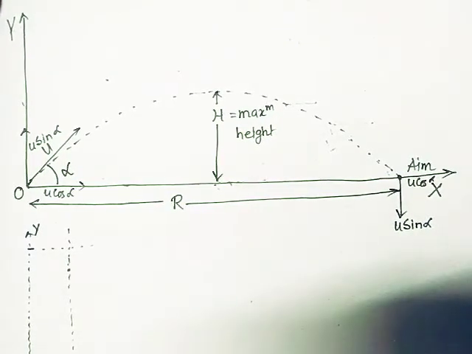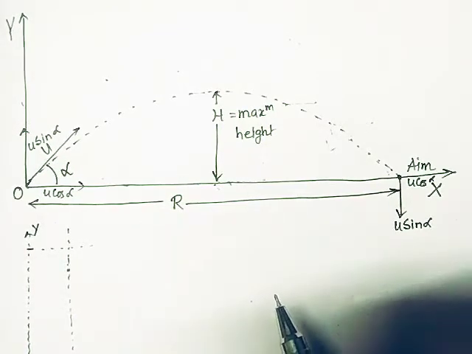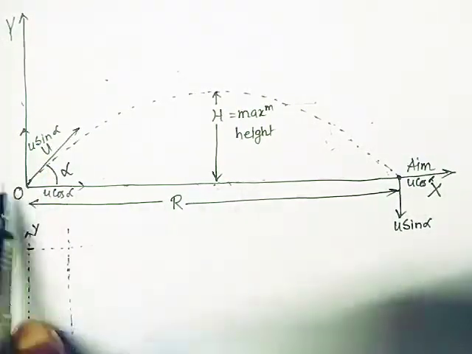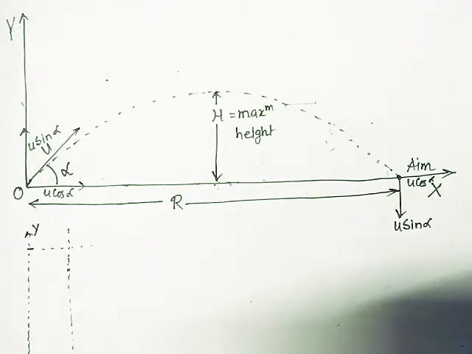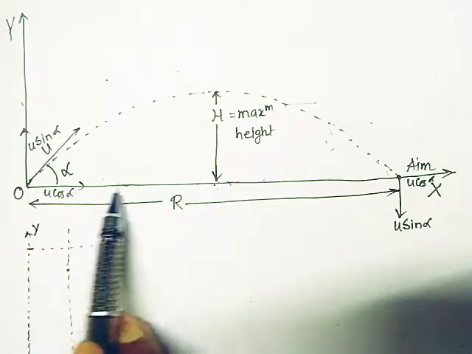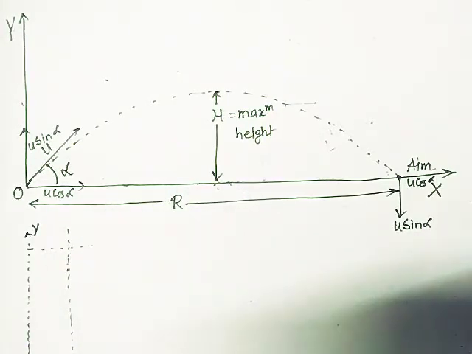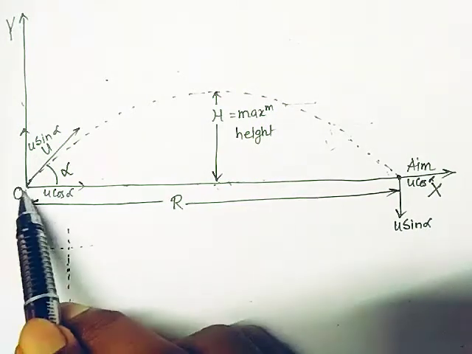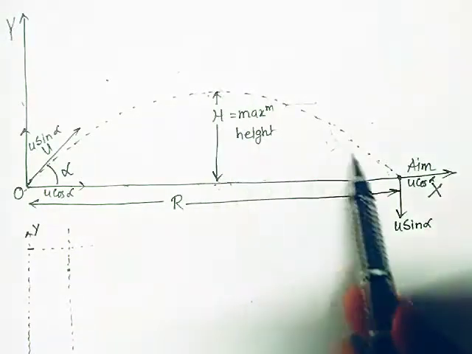If I want to analyze all of these things and find the dynamical quantities, I separate this two-dimensional motion along the x-axis and the y-axis, the horizontal and vertical motion, and consider each as a one-dimensional motion. u cos alpha is a constant velocity with no acceleration. u sine alpha has constant retardation going up, and then constant acceleration.